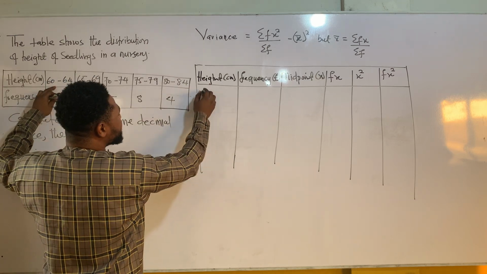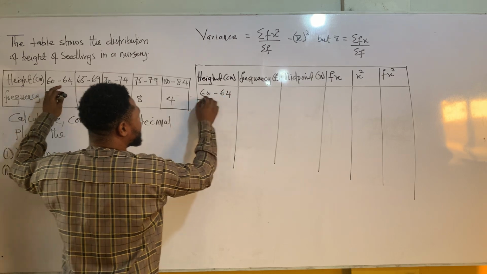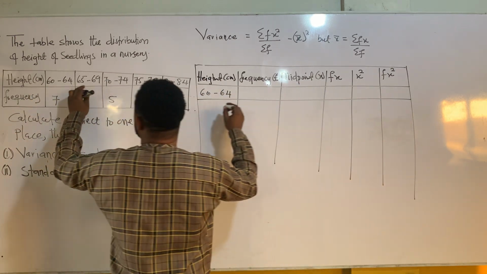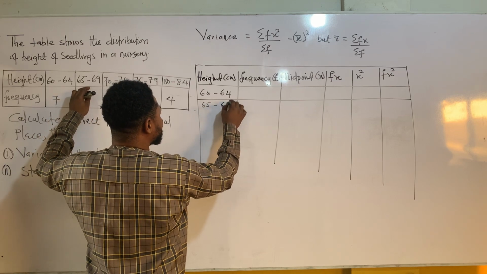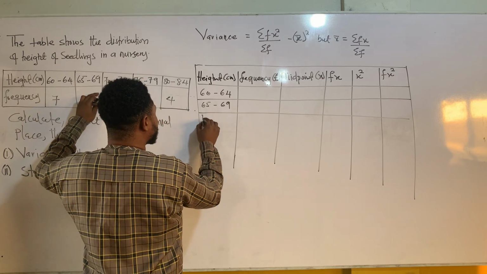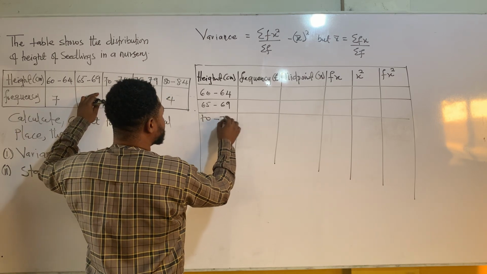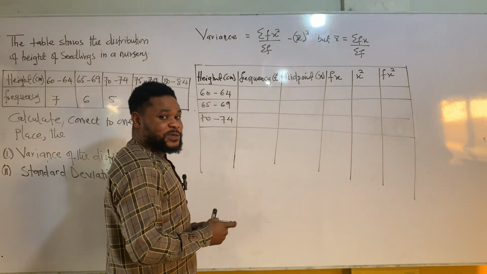Now, our height, we have 60 to 64. All right, we have 65 to 69. We have 70 to 74. I hope you are following, student.